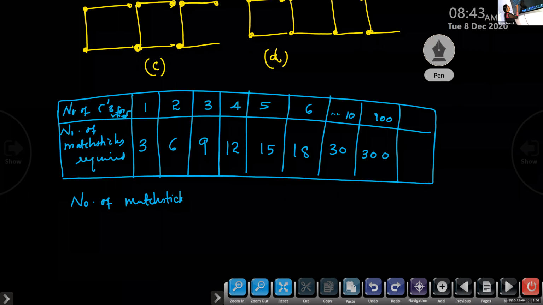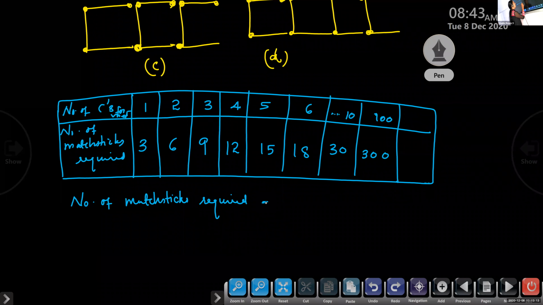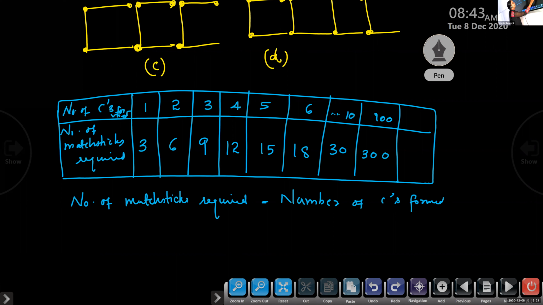Matchsticks required equals number of C's formed into what? Into 3.